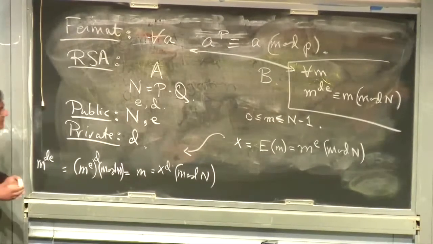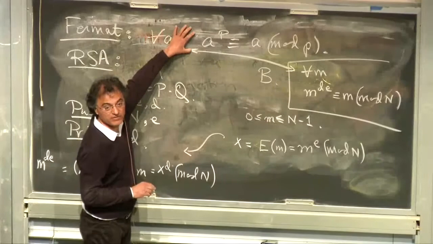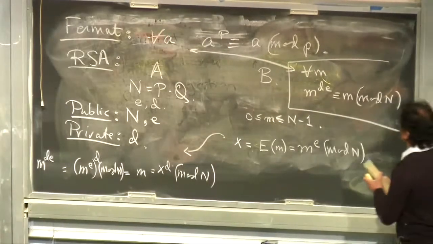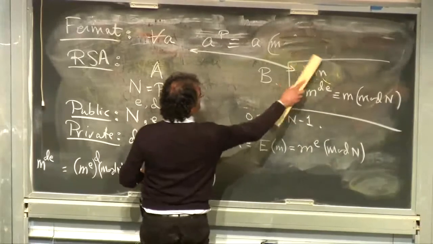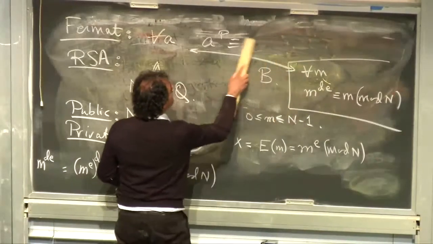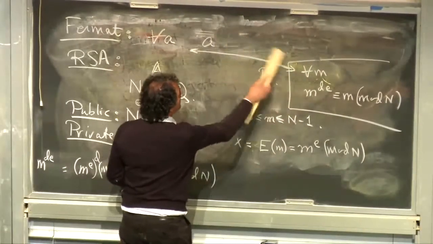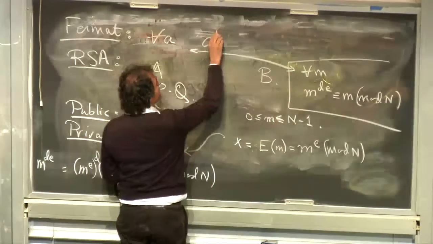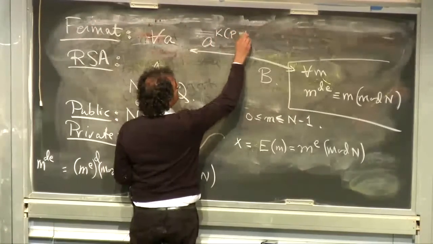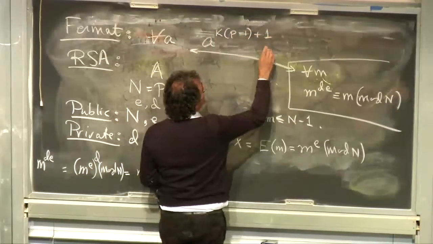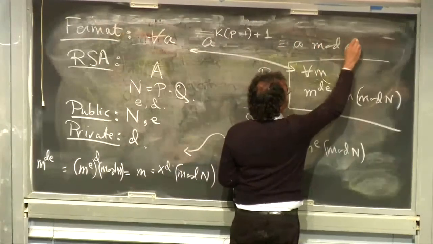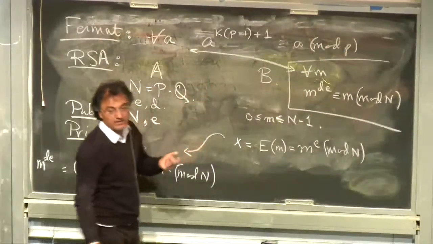So before we do that, I want to strengthen this just a little bit more. Instead of writing it in this form, we can also write a raised to the power of k times p minus 1 plus 1 is congruent to a mod p for any integer k.